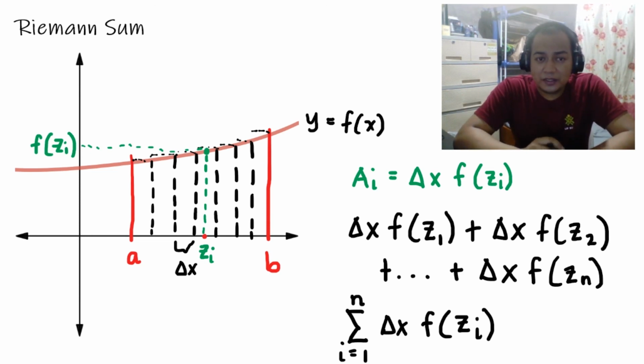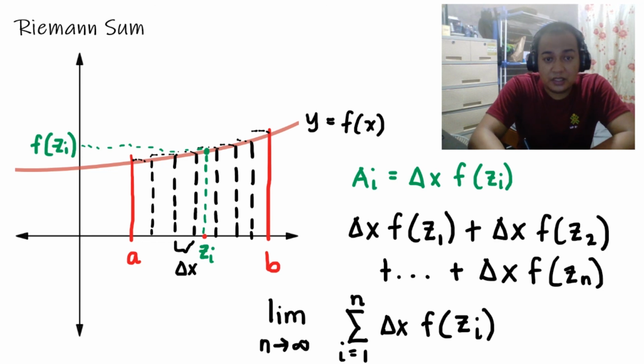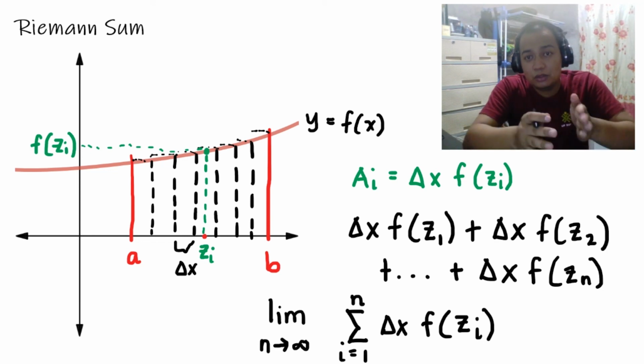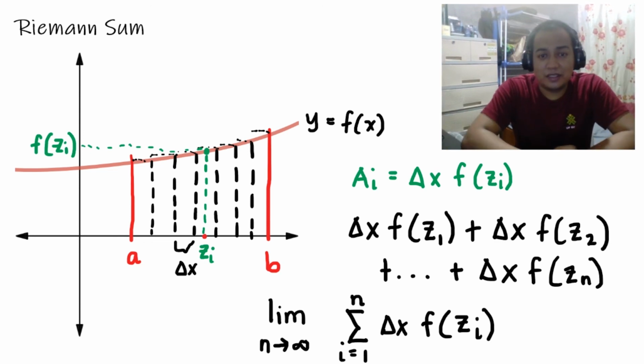So we want the width of the rectangles to be infinitesimally small, and to do that, we need to take the limit of this sum as n approaches infinity. We want n to be infinitely large, with many rectangles, to get the area under the curve.